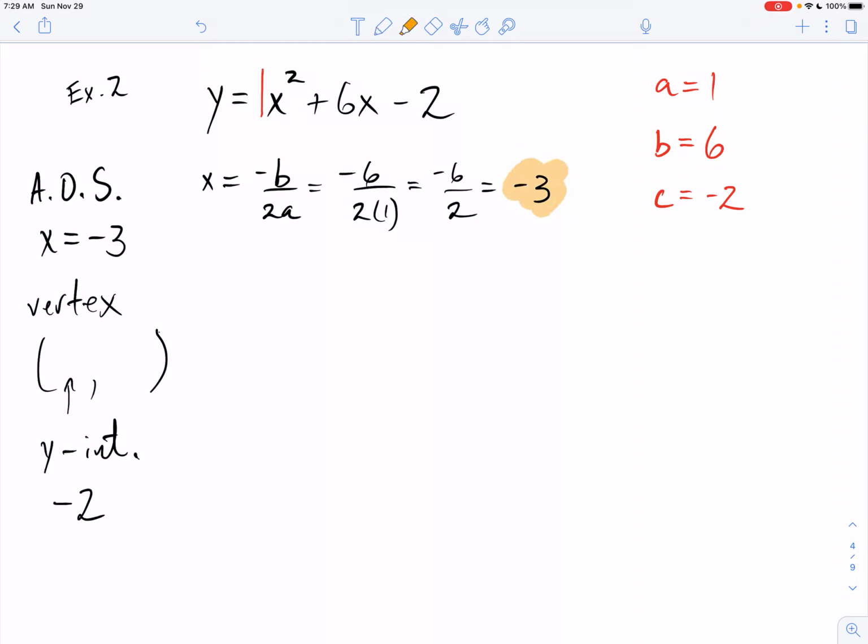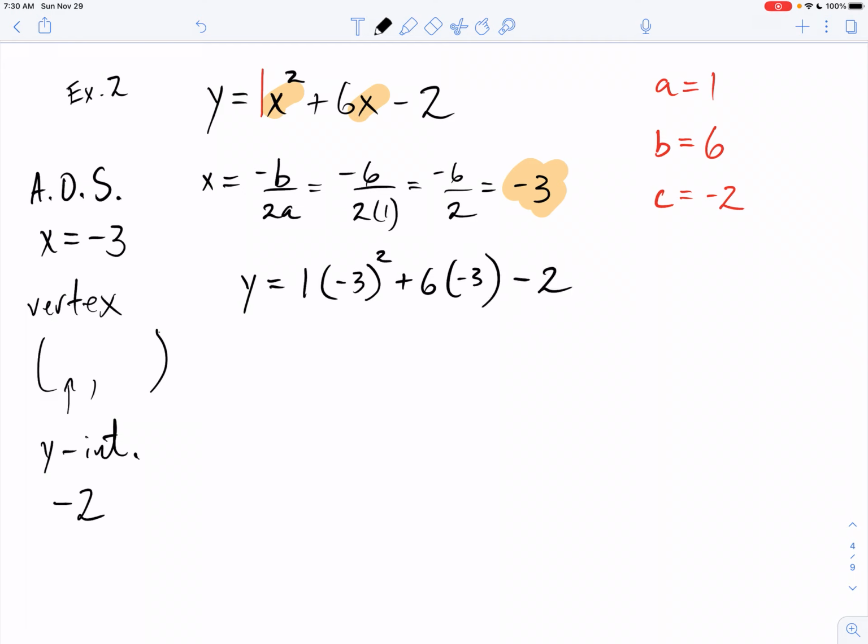Let's take this value I just found and plug it in everywhere I see an x. And if I do that, what am I going to find? The y coordinate of my vertex. So here we go. I'm going to take the original equation, y equals 1 times x squared, but this time it's a -3 squared, plus 6 times -3 minus 2.